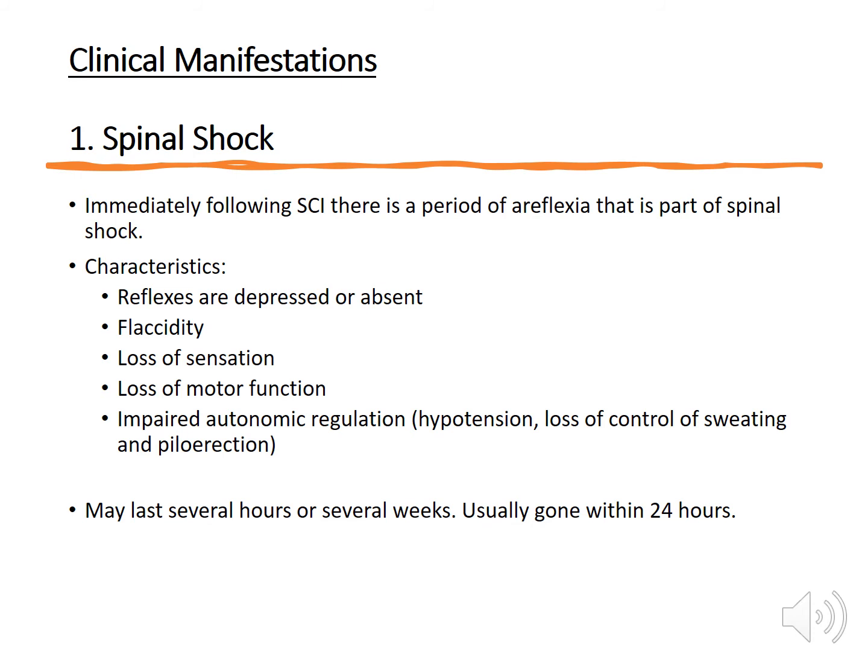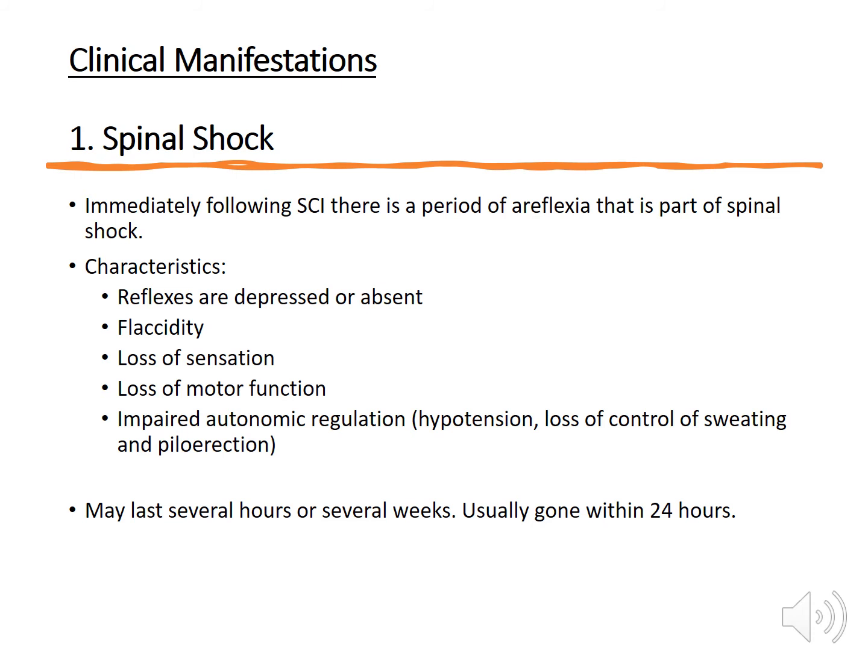Immediately following a spinal cord injury, there's going to be a period of areflexia that is a part of spinal shock. So the characteristics of spinal shock include reflexes that are depressed or absent. There is going to be some flaccidity, loss of sensation, loss of motor function, and impaired autonomic regulation.